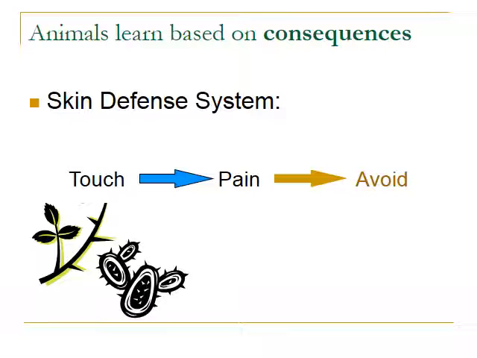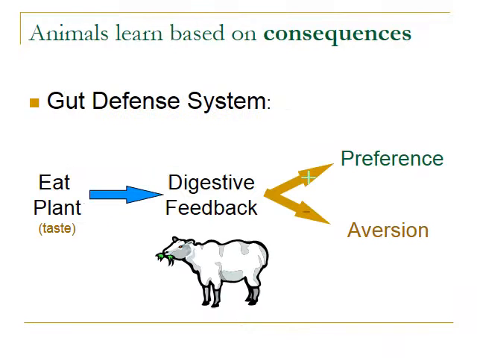The animal rubs up against it and it will become inflamed minutes or hours later. It's hard for animals to learn to avoid things that cause pain if the touching happened hours before the pain. So that time delay between the touching and the pain is important. The more closely those are together, the easier it is for animals to learn to avoid those plants.